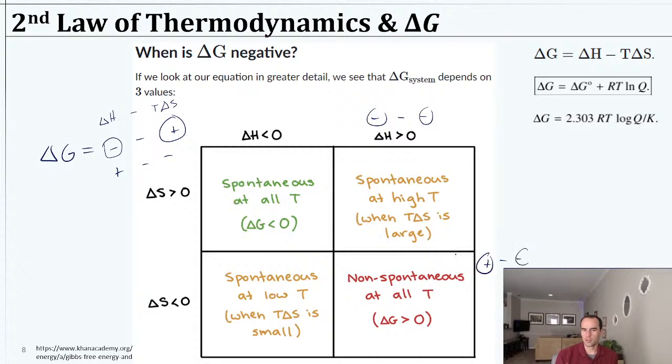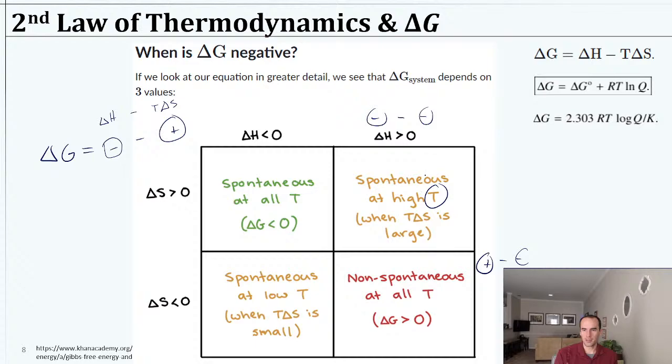Just going to give each box their own little spot. So a negative minus a negative, it could become positive because the double negative makes it so that we have a negative plus something. But it's only going to be spontaneous when T is high.